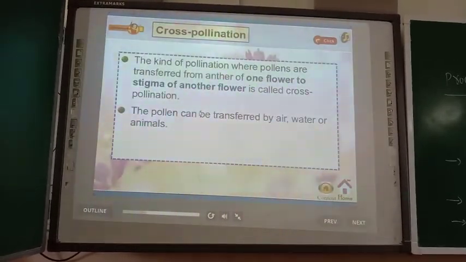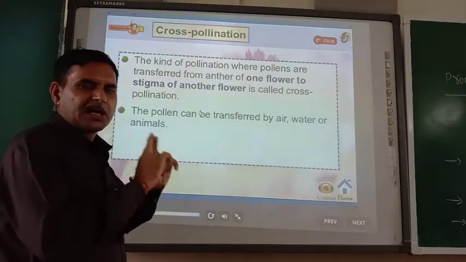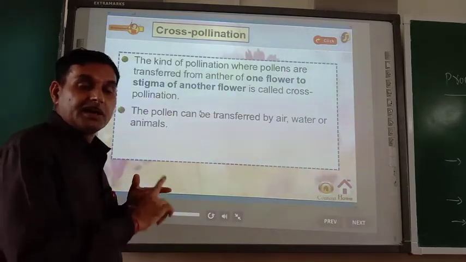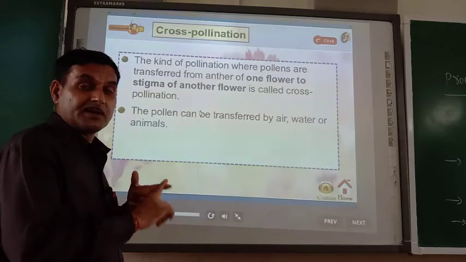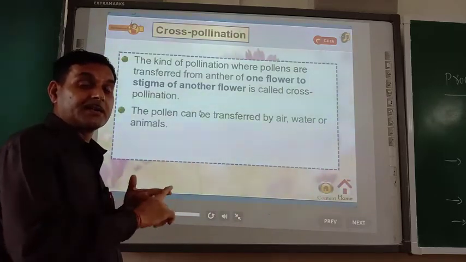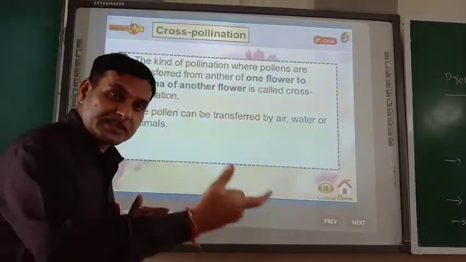The pollens can be transferred by air, water or animals. Cross-pollination is the process in which pollens are transferred from anther to stigma of another flower of the same species.